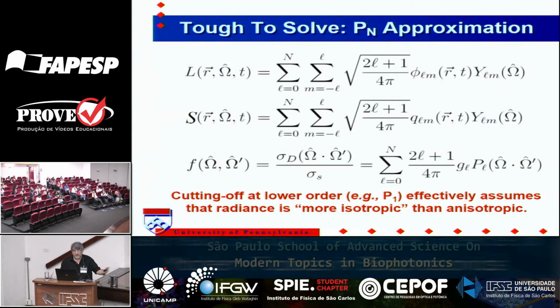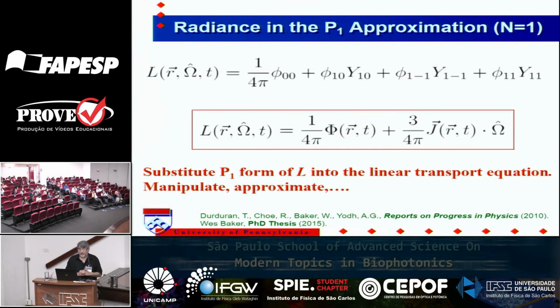Anyway, you take this, you stuff it into the theory, and you find that the radiance depends on two things, like I've told you, the fluence rate and this current, this flux. So I can compute it if I know the fluence rate and the flux.